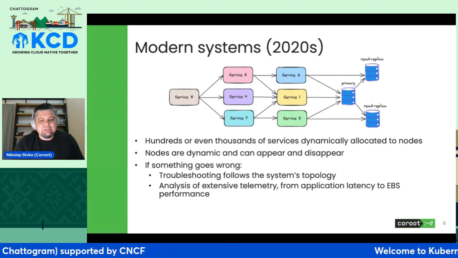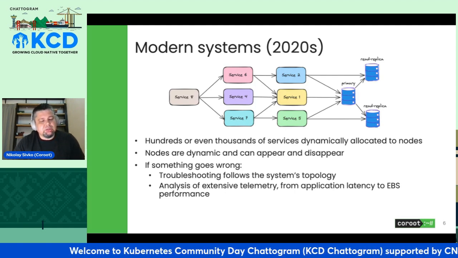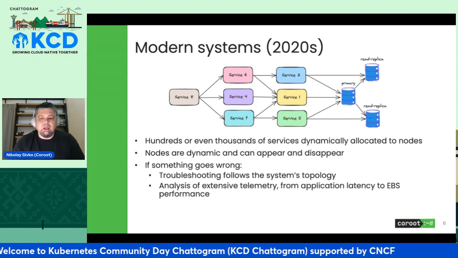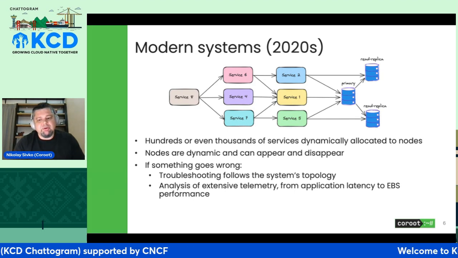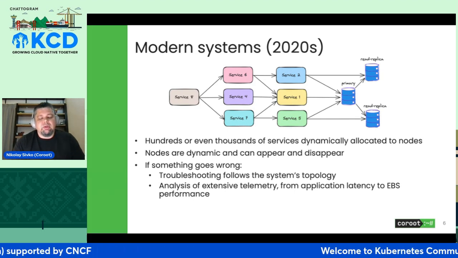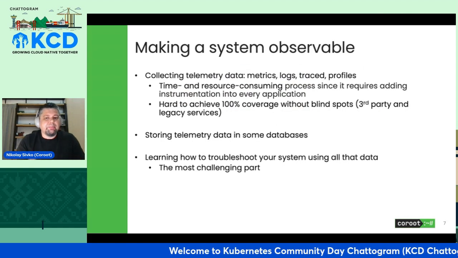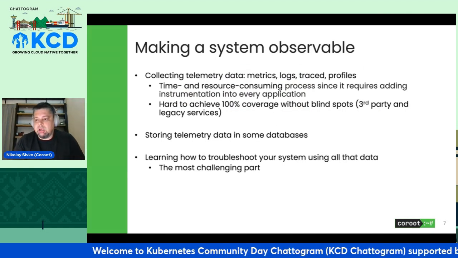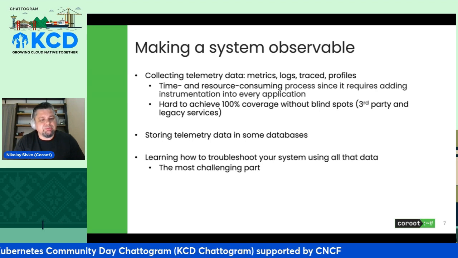And if we're talking about managing such systems, we should care about observability, because troubleshooting can be pretty tricky there. We should follow all the dependency graph and find the bottlenecks. That's why we should proceed with some steps to make our system observable.